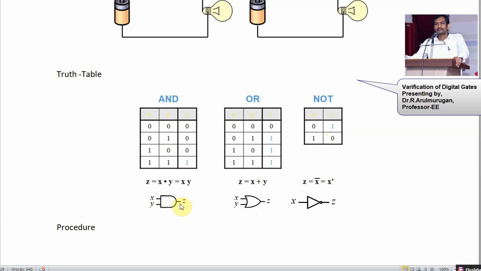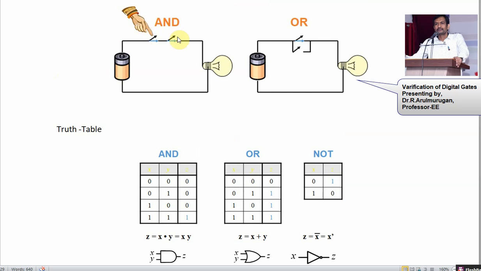The output terminal is one, and the input terminals are two, X and Y. There are four possibilities: 00, 01, 10, 11, because of the two switches. For the NOT gate, there is only one switch.